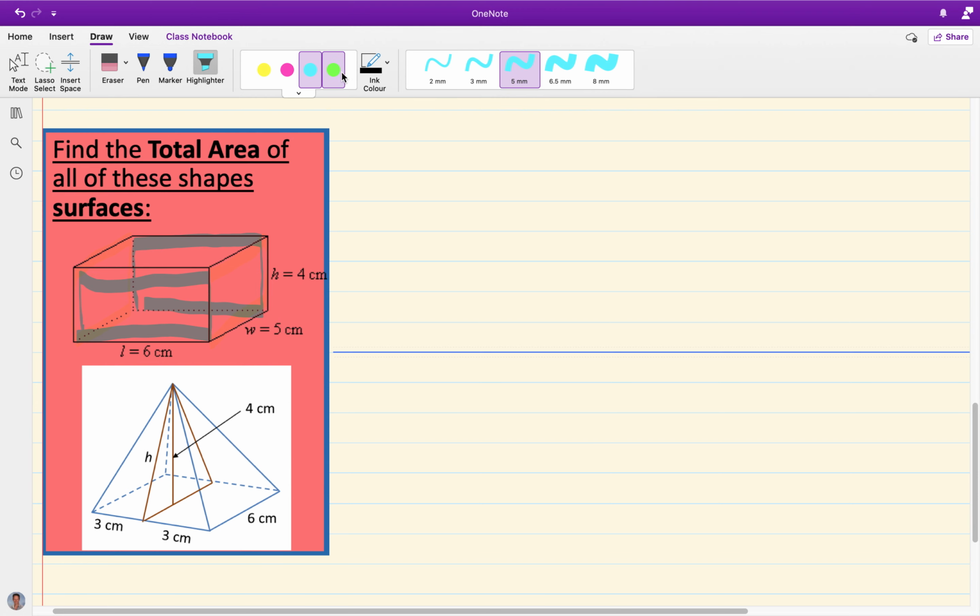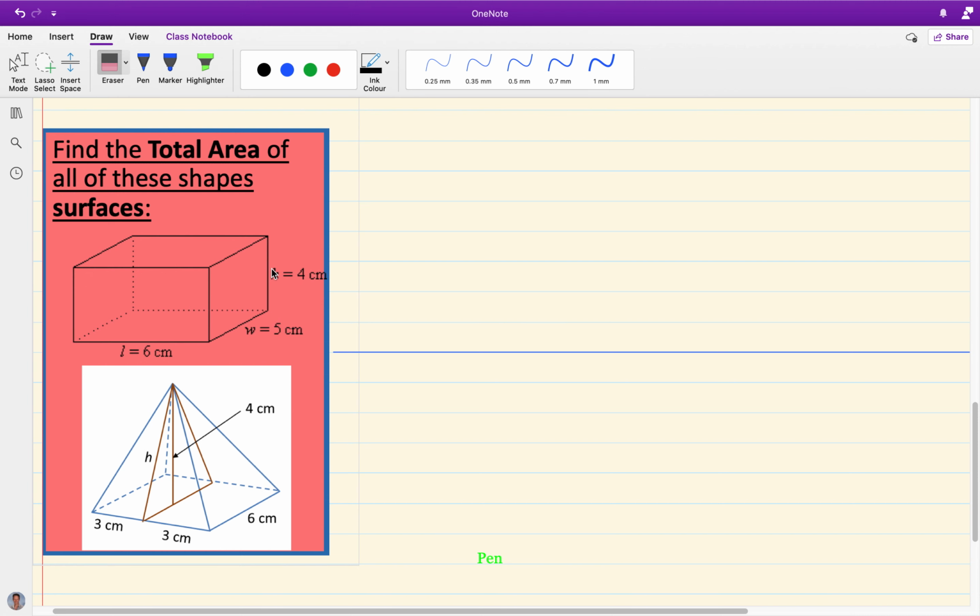And last of all, we've got our top and our bottom. Okay, those there. All right, so I'm going to rub that out because it's getting super messy. And that one doesn't want to rub out. There we go. Okay, so that's what we're going to split them up into.